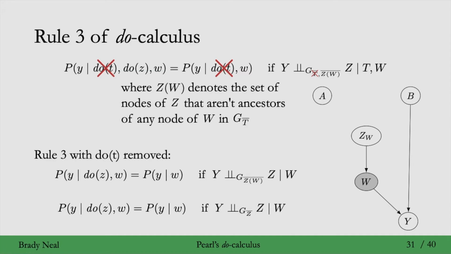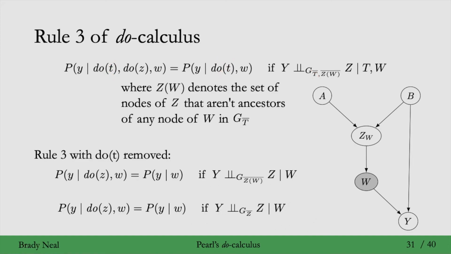That's why we need to consider the nodes in Z that are not ancestors of the conditioned-on W, because then they won't be potential colliders. And if we don't condition on these kinds of nodes, we can keep this path intact. That's why this criterion is only with the nodes in Z that are not ancestors of W, and it's not this criterion here.